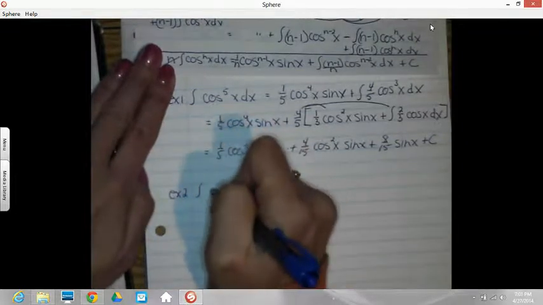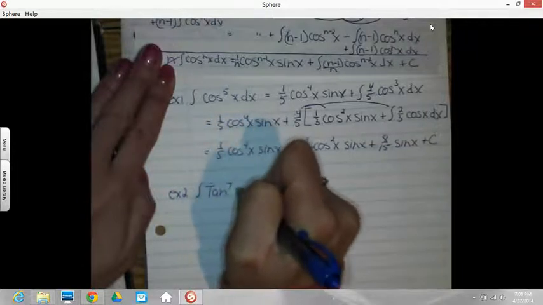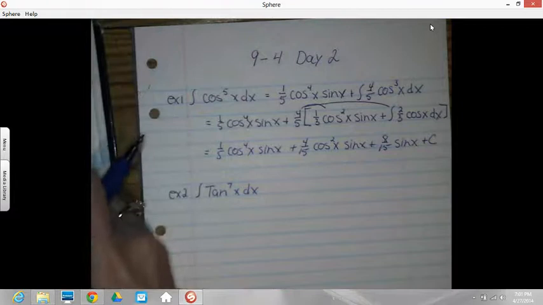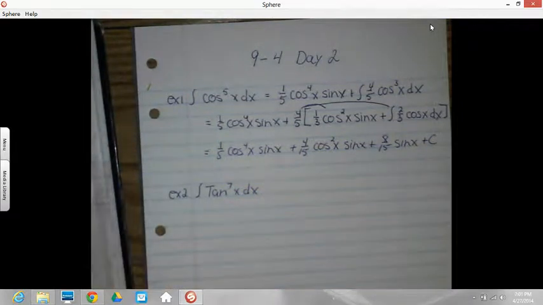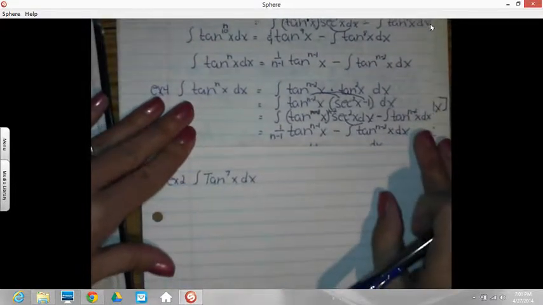Let's try a tangent to the 7th x dx. Let's see, tangent was right here in the middle. Okay, got my reduction formula handy.